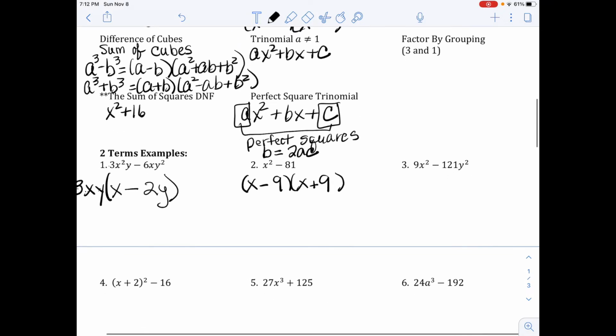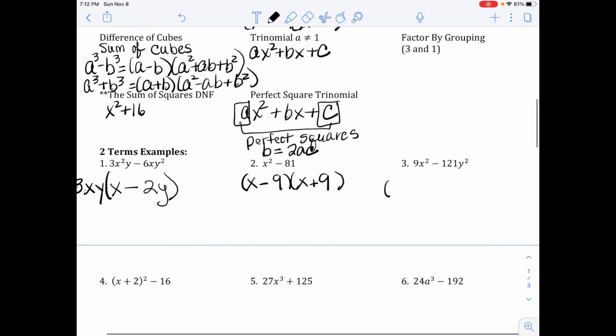Two terms again. Is there a GCF? We have a 9 and we have 121. So let's look. Does 121 divide a number that also 9 divides? So 121 divided by 3, no. 9 and 121 are perfect squares. And so we will apply the difference of perfect squares pattern.